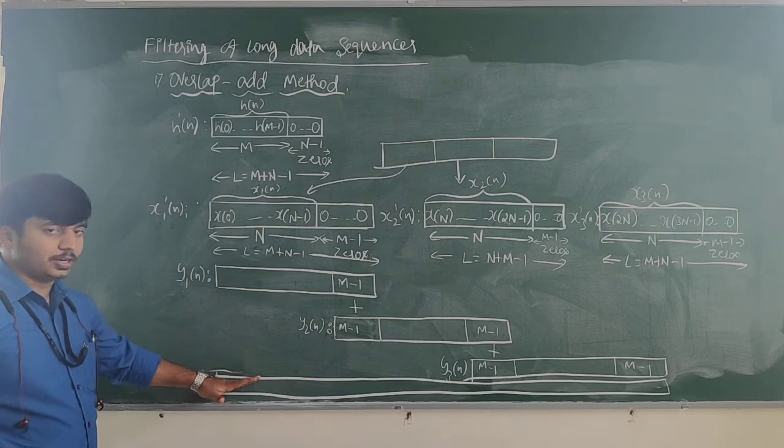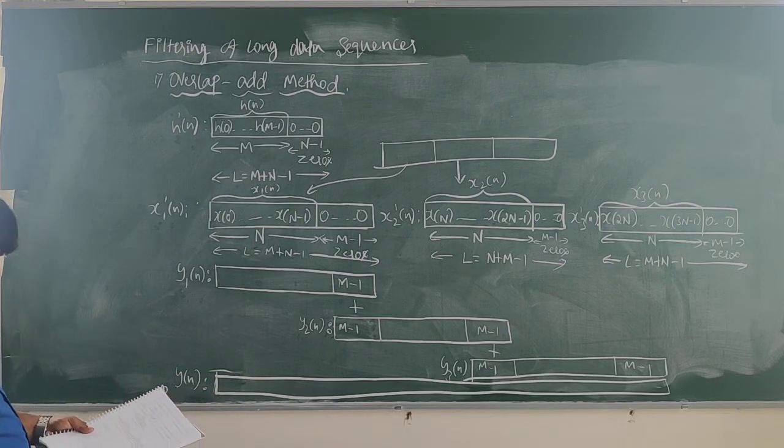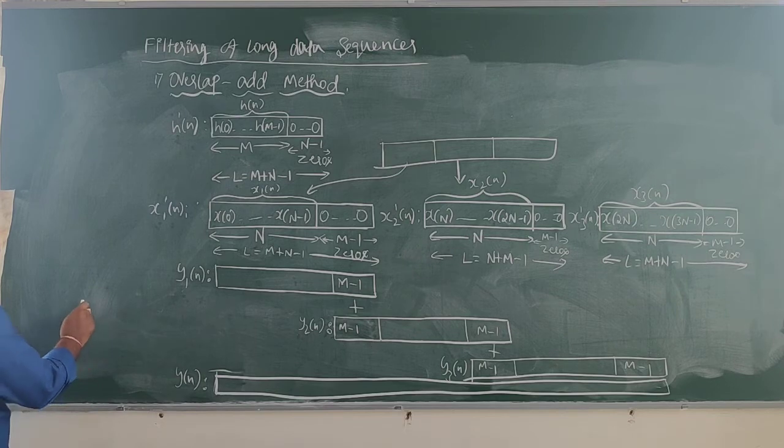So this is my final output. This is the overlap add fast convolution method.